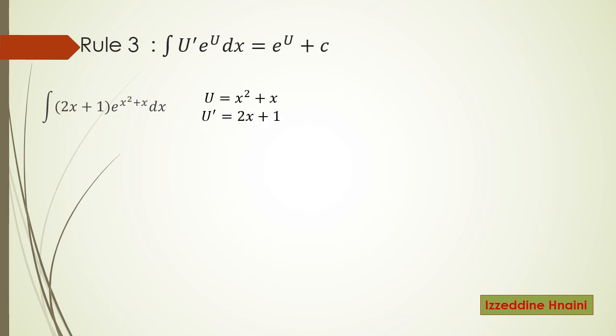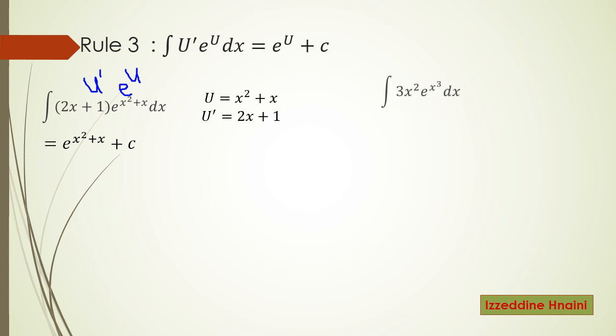The derivative of x² + x is 2x + 1. So this function has the form of u' e^u, and the antiderivative of u' e^u is e^u. So we get e^(x² + x) + c.